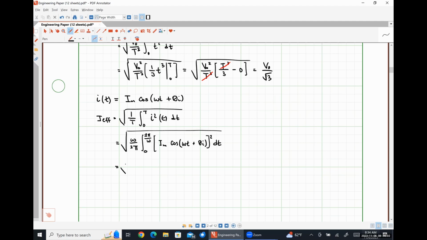Using trig identities, or actually it's just one identity we used on Friday, this is going to look like 1/2 Im squared plus 1/2 Im squared cosine of twice omega t plus twice theta I.